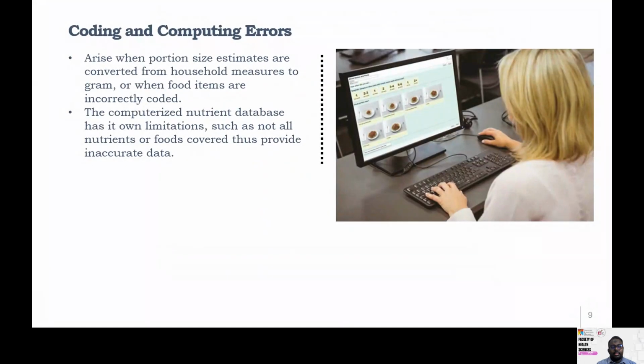And finally, the coding and computing errors. Coding and computing errors arise when portion size estimates are converted from household measure to gram, or when food items are incorrectly coded. Remember, when we ask the respondents to report their portion size intake, they will usually report in household measures. Let's say satu cawan, satu sendok, satu pinggan, and so on. So it's the job of the interviewer to actually convert these household measures into grams of intake.